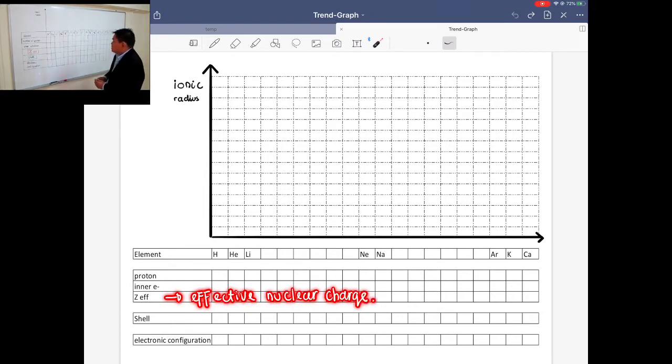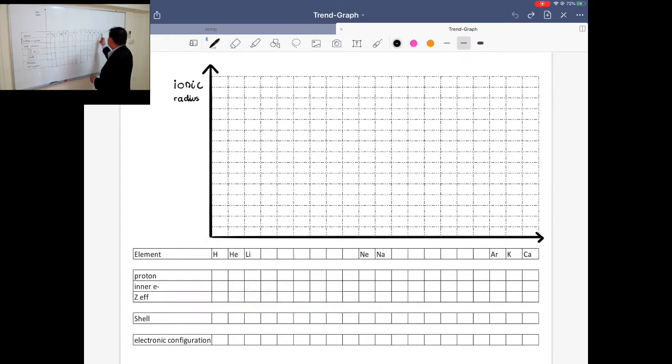The first step that you need to do is filling up the name of the elements. I already filled up all this; I left it empty. You might need to check on your periodic table to be able to do that. And don't forget to put the charges, because we are drawing the ionic radius. So we need to write down the charges of all the elements here.